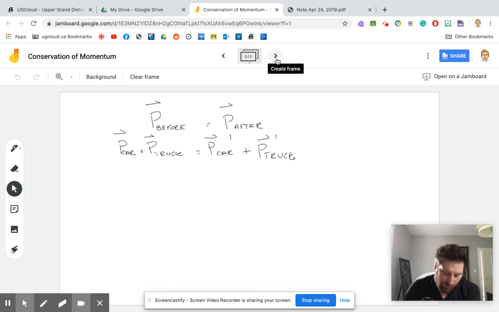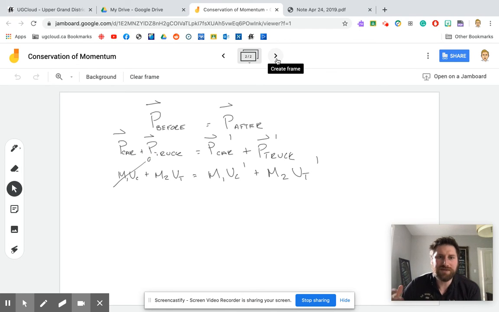So now we can say M1 V car plus M2 V truck is equal to M1 V car prime plus M2 V truck prime after the collision. Now, because the initial velocity of the car is 0, there's no momentum, so all of the momentum in the system is coming from the truck initially.